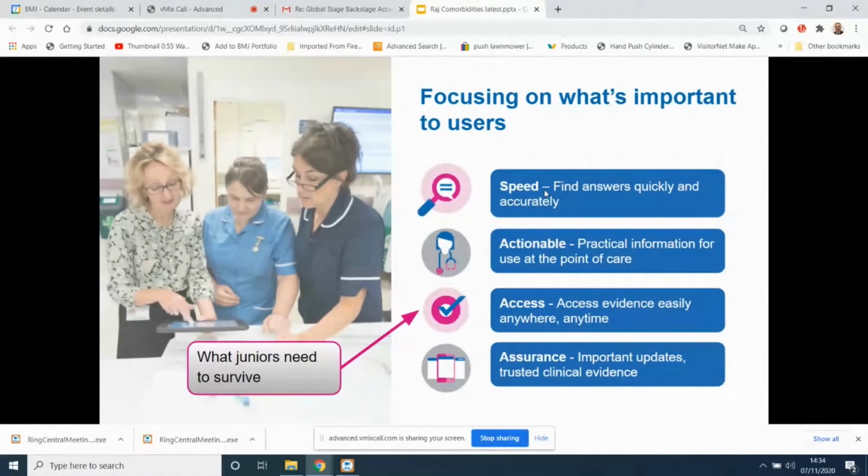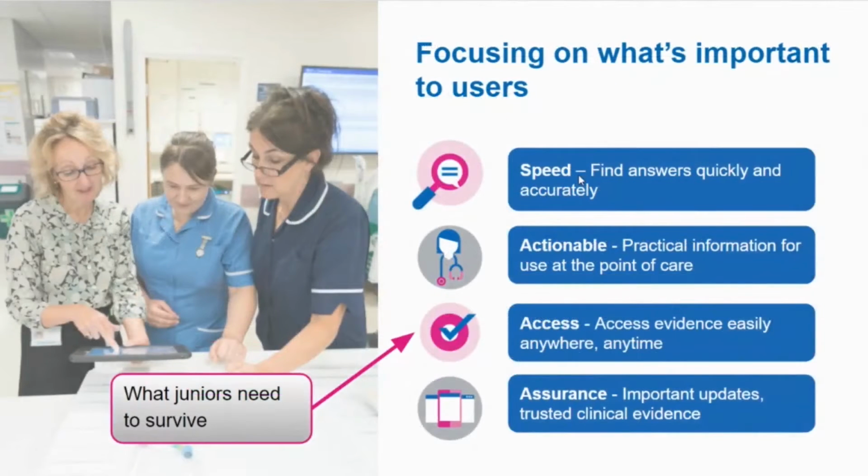And so we do research continually amongst our users at BMJ to find out what's important to them and what they need. And we get a few key answers each time we ask. First of all, they want content quickly, at speed. And by at speed, they mean answers within seconds. They want practical information that they can use at the point of care and that can help them drive quality improvement.